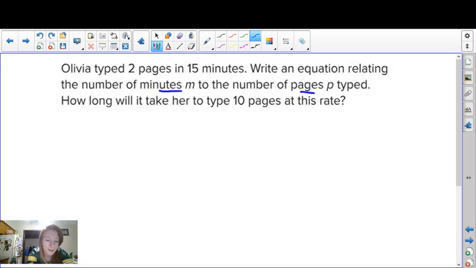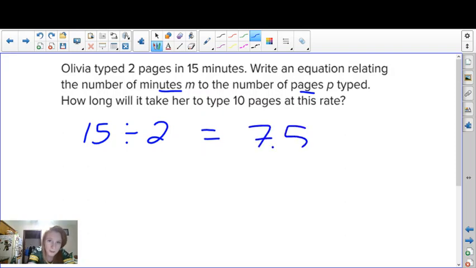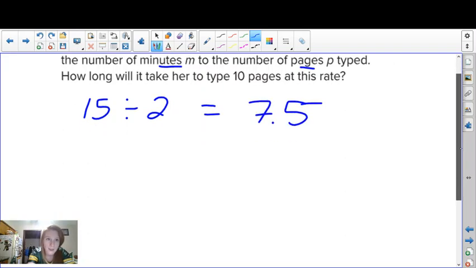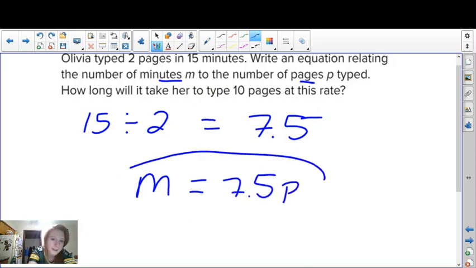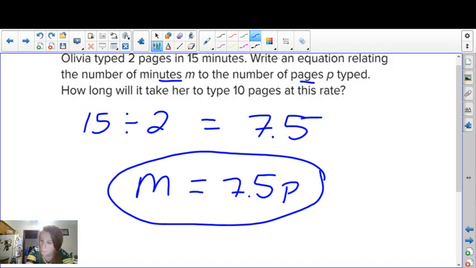I want to do the minutes, which was 15, divided by the pages, which is 2. So it takes me about 7.5 minutes to type 1 page. Next, it says write an equation relating the minutes to the number of pages typed. So minutes is equal to 7.5 times P, where P is the number of pages that I've typed.